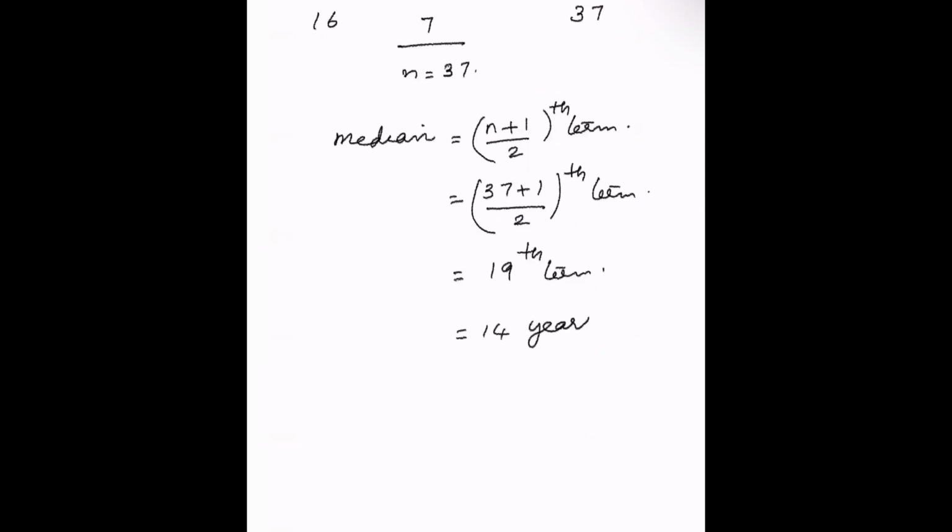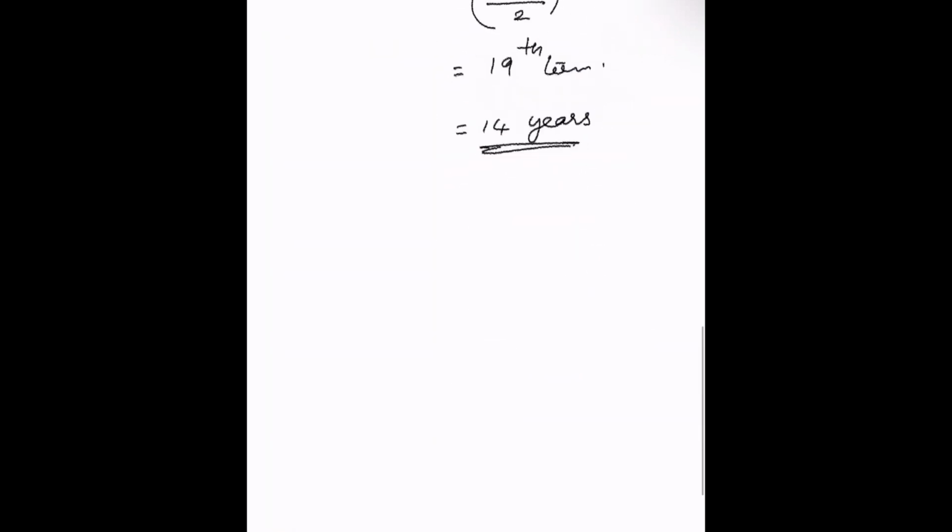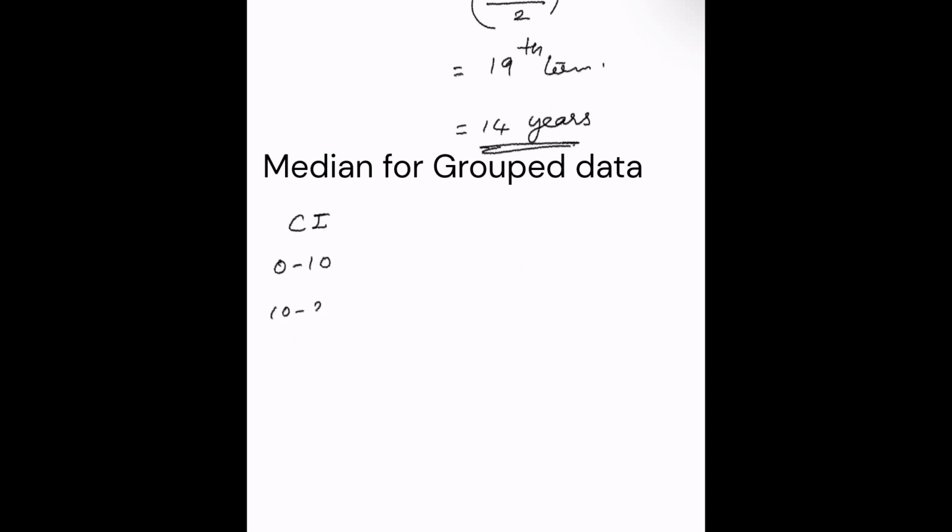Median for grouped data is what we are going to do next. Find the median for the following distribution. The class intervals are given as 0 to 10, 10 to 20, 20 to 30, 30 to 40, 40 to 50.